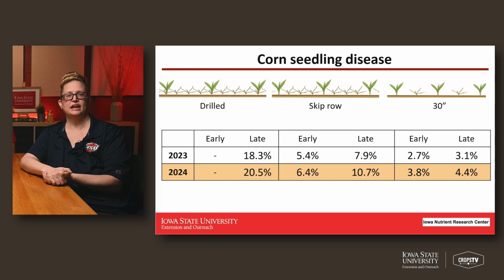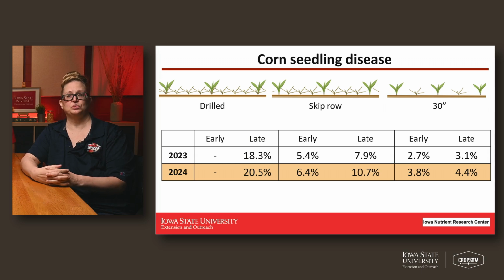Right. So we sampled corn seedlings between V2 and V4 growth stage to look at seedling disease. And what we found was that in the drilled treatment, where there was not much distance between the corn and the rye, that had the most severe root rot compared to the other treatments.